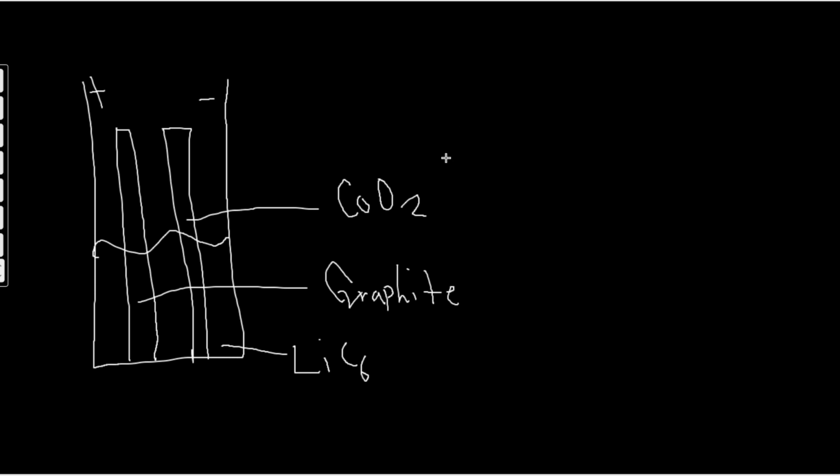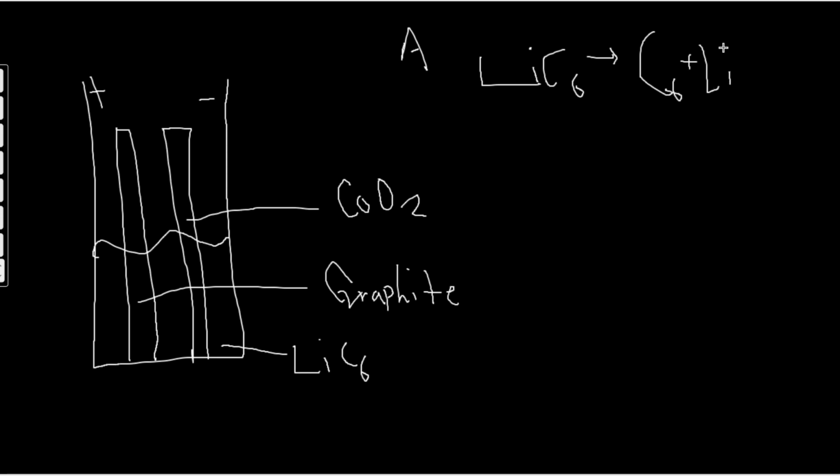Okay, now let's start with our reaction at the anode. It's denoted by that little A over there. So our lithium carbide electrolyte turns into just carbide and lithium.